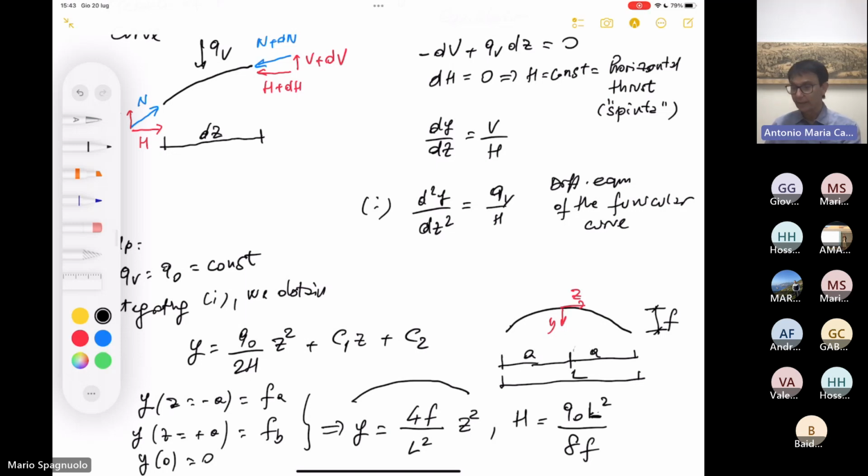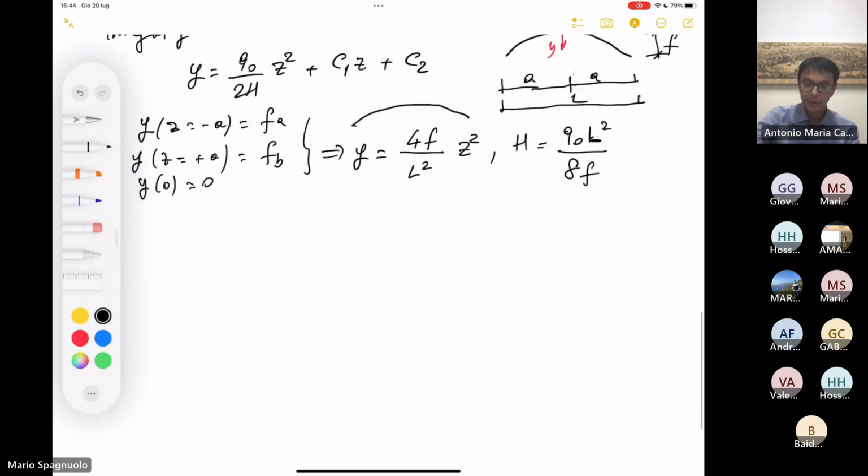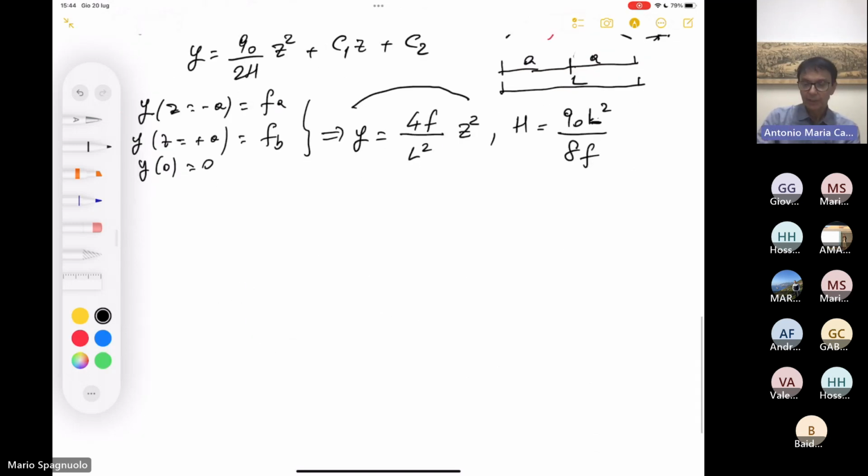For example, when the axial deformability is very low, and also the shear deformability is very low, as we will see now in one example. So this is the general framework, and now we discuss one numerical example.